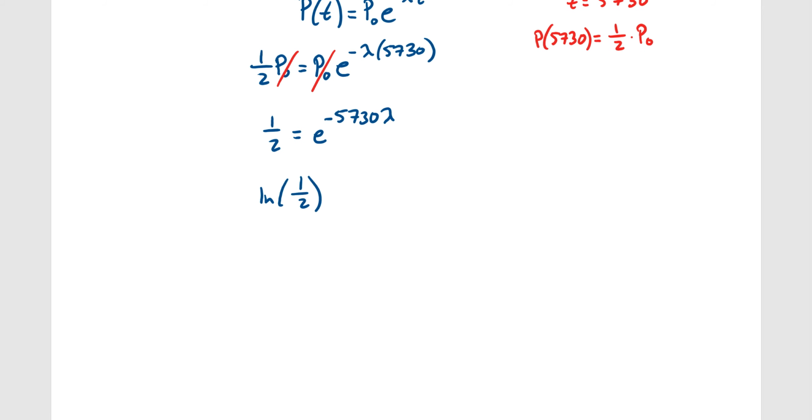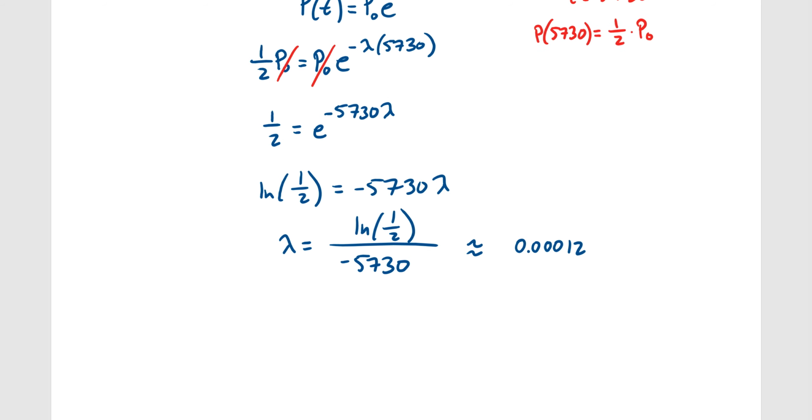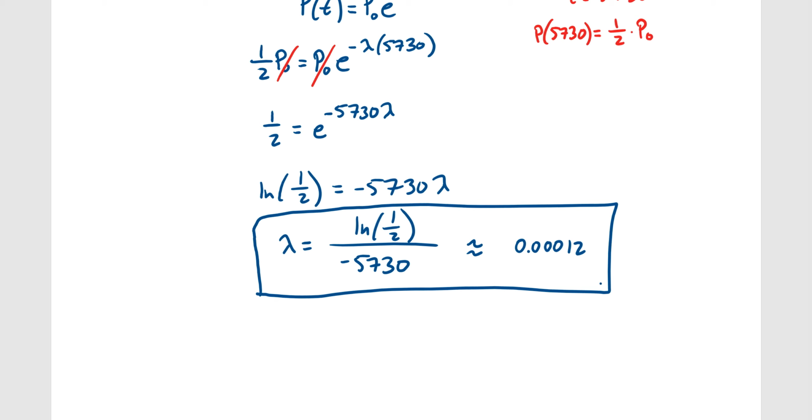That's ln of 1/2 equals negative 5,730 lambda. Divide both sides by that negative 5,730. We get ln of 1/2 divided by that, and that gives us about 0.00012. So this is the decay constant lambda for carbon-14.